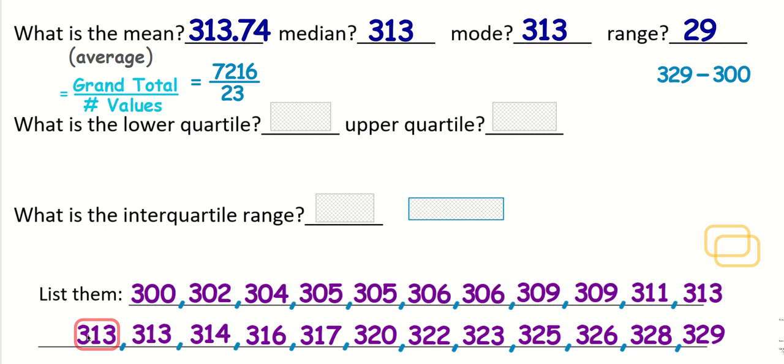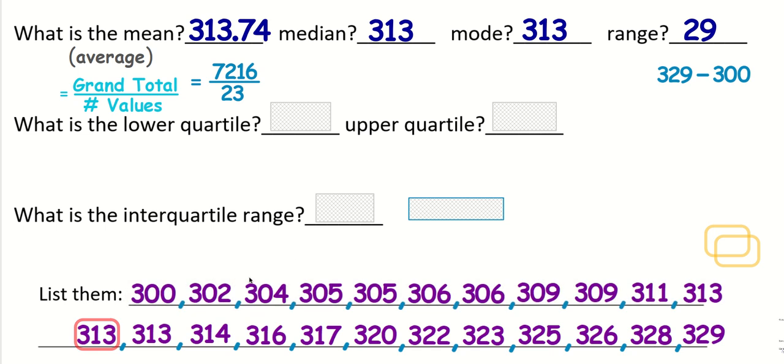So this is my middle number right here, 313. So everything to the left of it, or including this same 313, is the lower half. So all we're going to do is find the median of just this half of the numbers, the lower half. Okay?